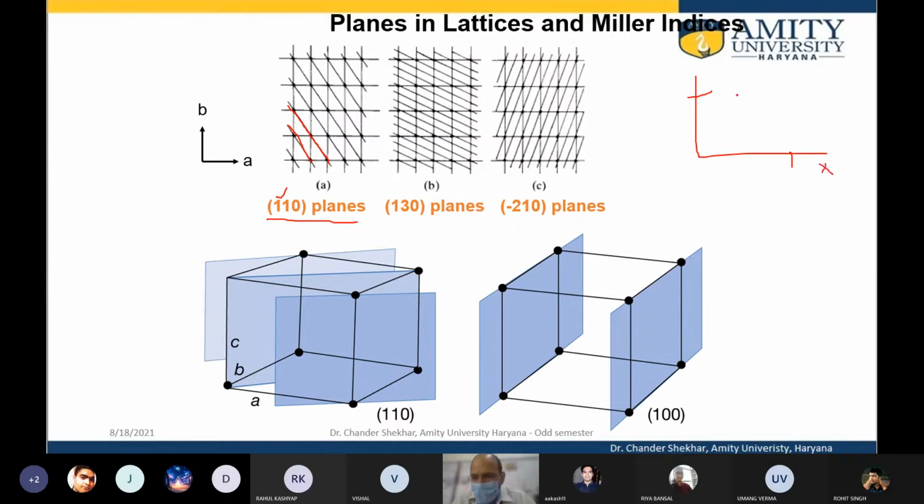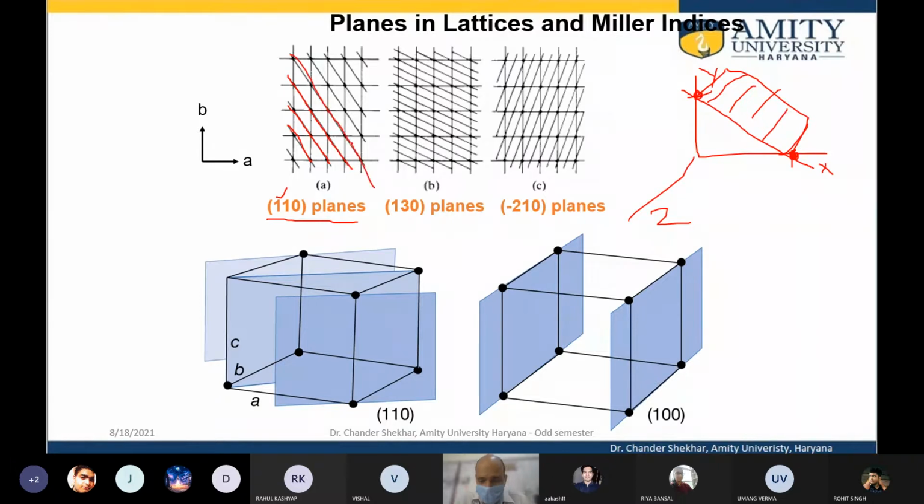So 110 means it intersects at one complete unit lattice point along x and y axis, and the plane goes like this, and this plane is parallel to the z axis. Say this is x, this is y, and this side is the z axis. So in two dimensions, these lines represent the 110 planes.